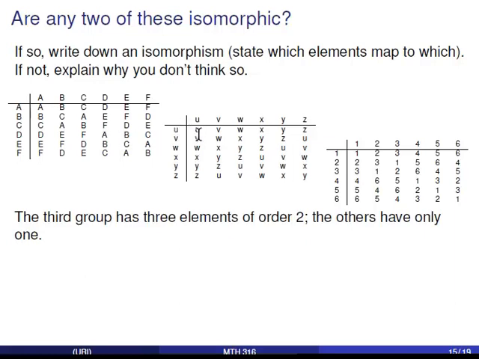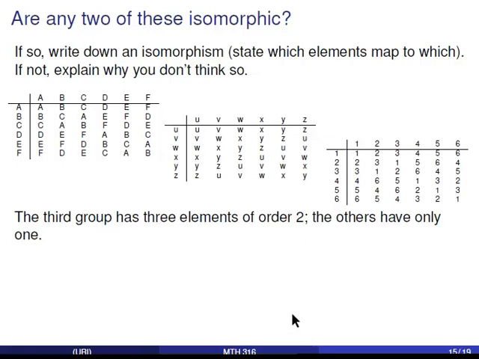In this group, U is the identity, and then there's just one element of order 2 on that main diagonal. And then in this group, 1 is the identity, and whoa, there are 3 elements of order 2, it turns out. Okay, since isomorphic groups have to have the same number of elements of each order, and this group has more elements of order 2 than the others, it's certainly not isomorphic to either of the other 2.